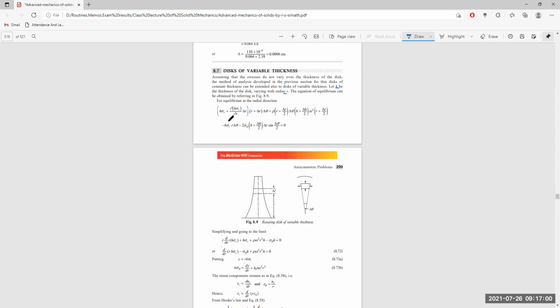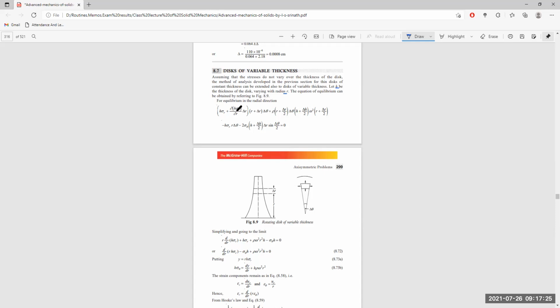So both the radial stress sigma r as well as the thickness of the disk vary with the change in radius from r to r plus delta r. Initially the force was the stress multiplied by the thickness and the area, H sigma r, and now it changes with the change in r.